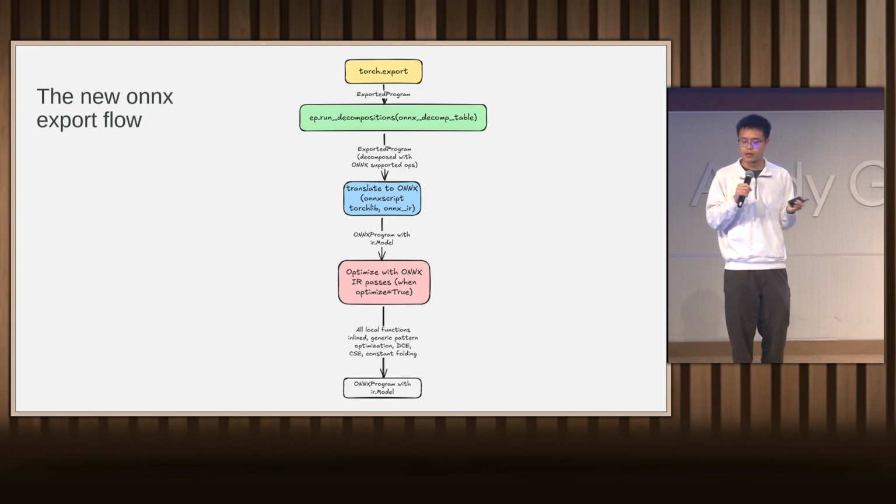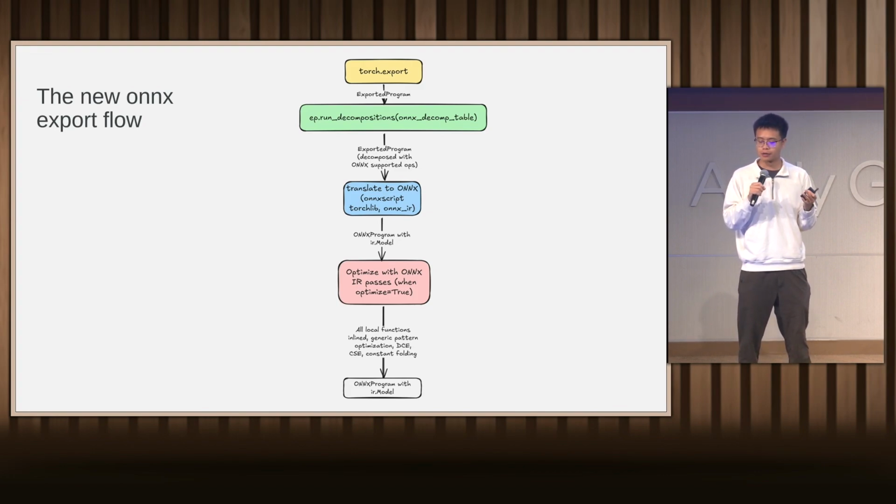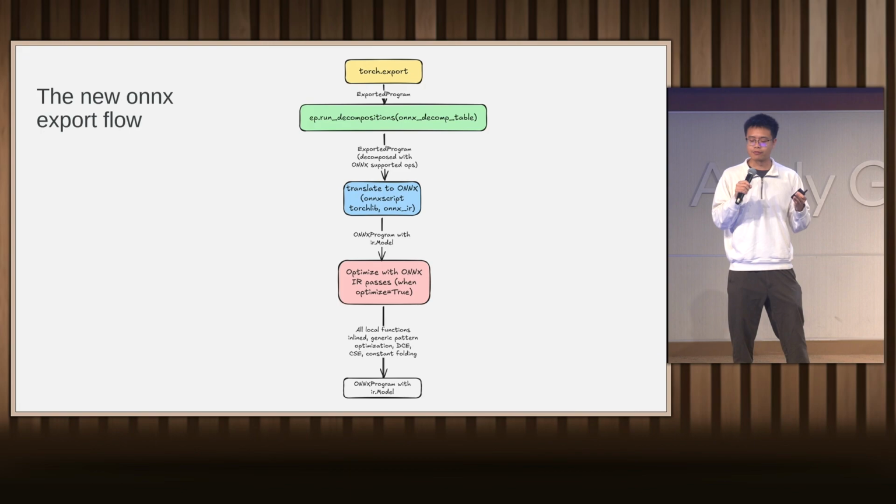We then translate to ONNX using the new ONNX Script implemented torchlib library, which maps ATen operators or PyTorch operators into ONNX operators. And we build a graph using ONNX IR, which is what I'm going to give a presentation on next. After that, we obtain an ONNX model.